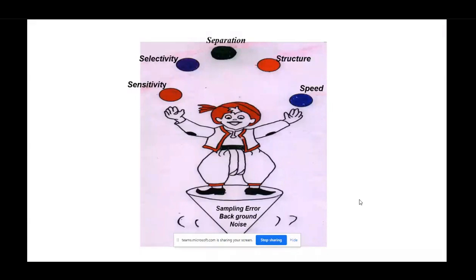Background is always associated with the sample which is being analyzed, especially at very low level, because your matrix is huge compared to the analyte molecule which you are trying to measure. So the matrix will always give you a lot of background. And the matrix itself can give you some noise, plus there could be inherent noise which can come because of electronic components used in the instrument.